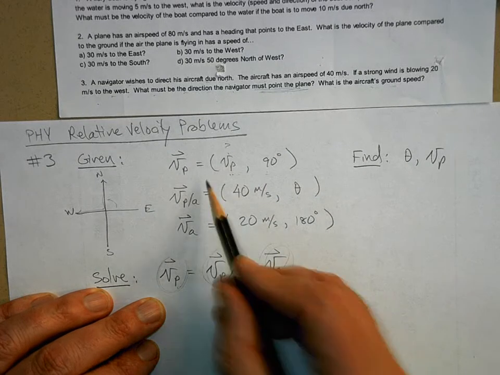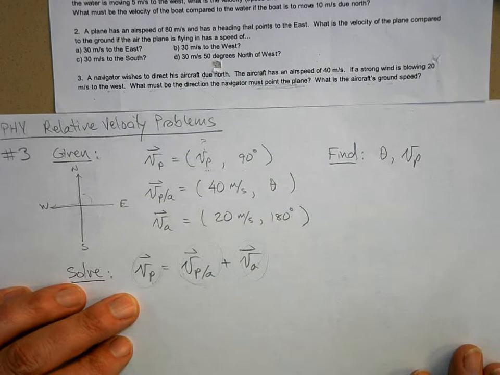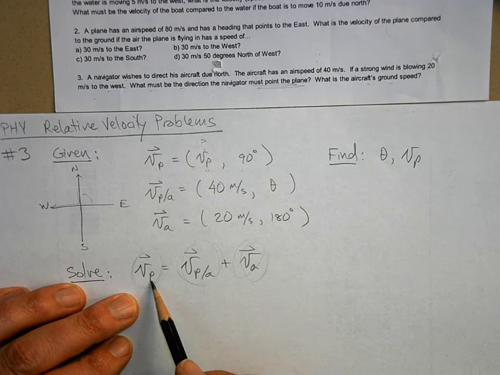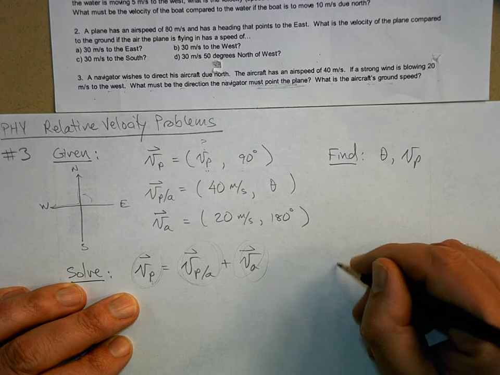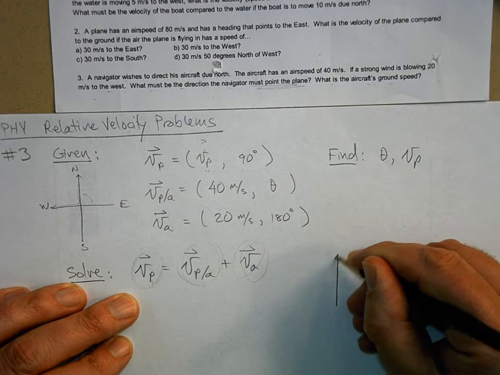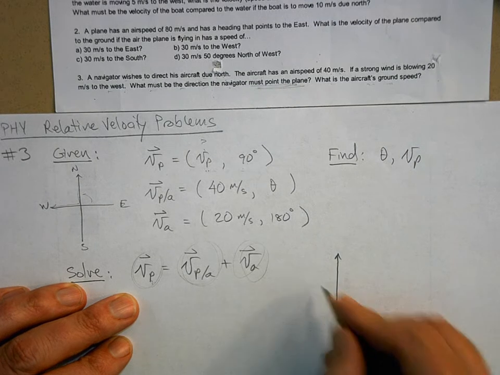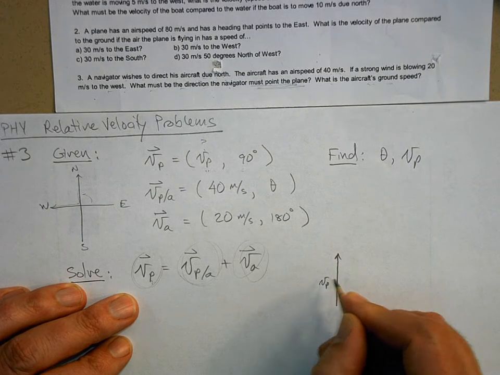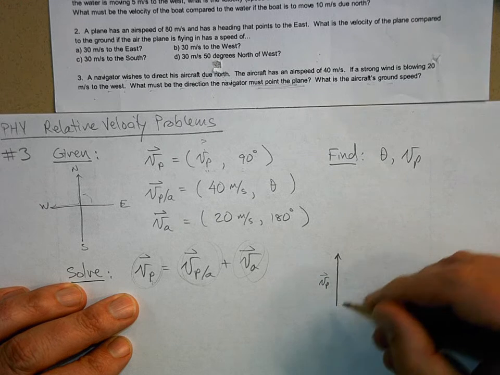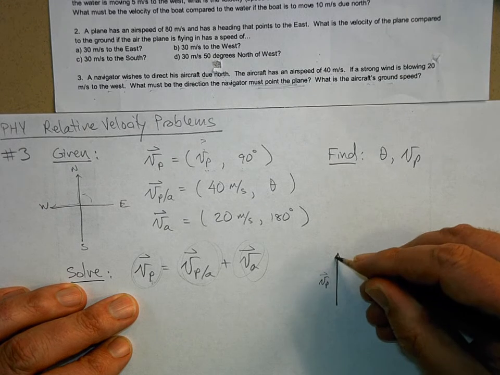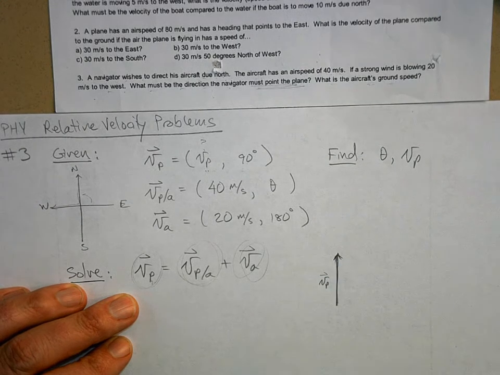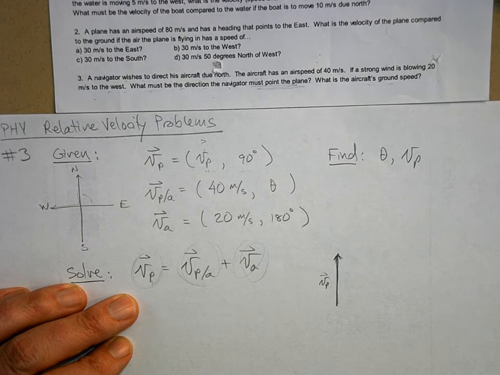So I'm going to draw a picture of this. See? So the velocity of the plane is going 90 degrees. So there's the velocity of the plane. Now I don't know how long this arrow is, but I do know that it's pointed to the north, straight up, 90 degrees.